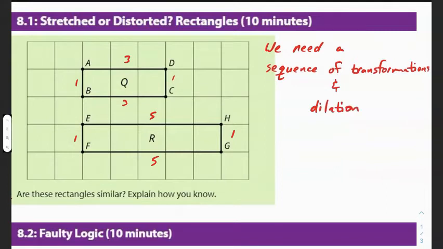So let's see here. I agree that you'll have to use a translation of some sort to get Q down to R.